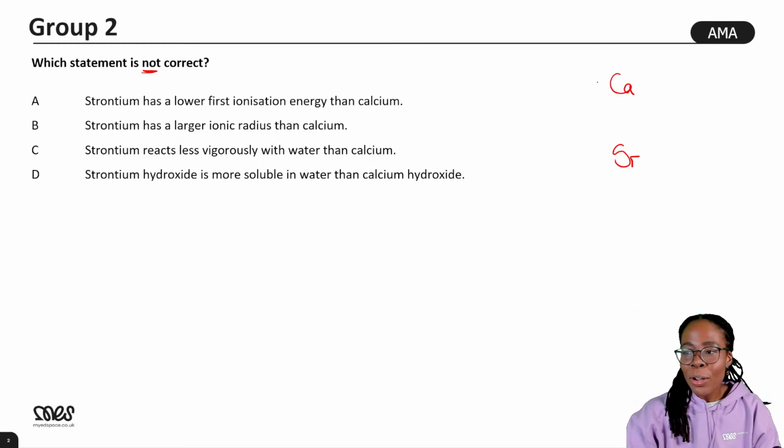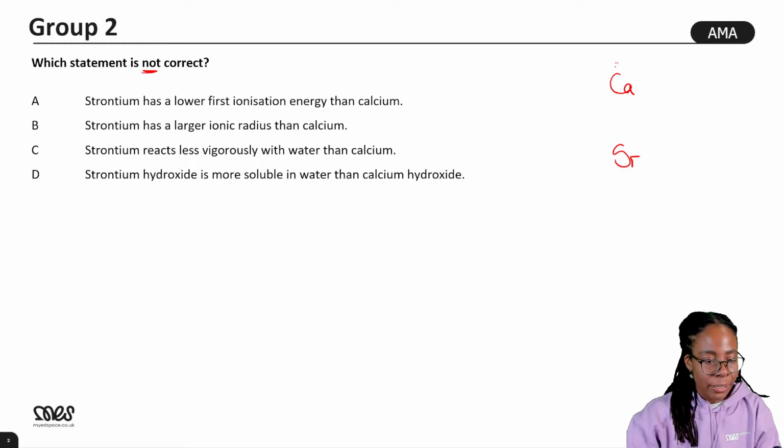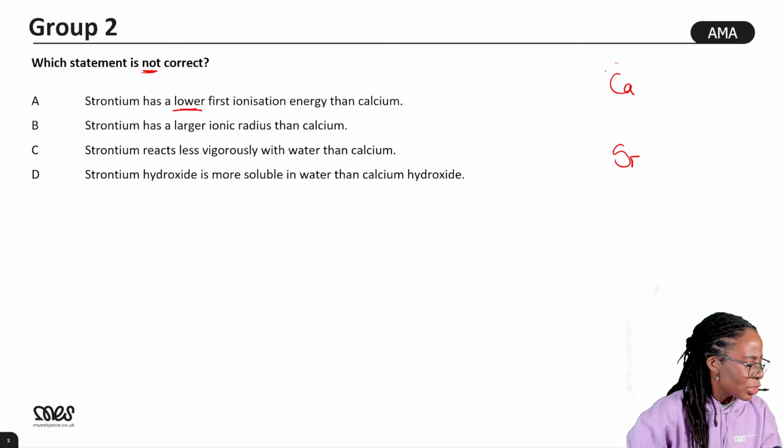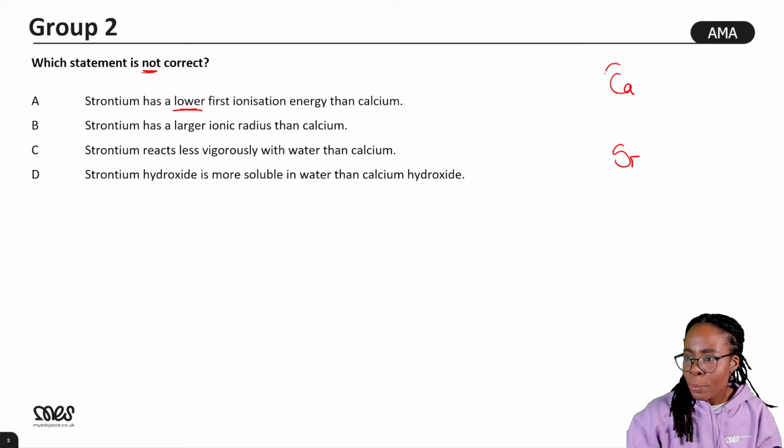So, if we look at our periodic table, calcium is above strontium in the periodic table. If we consider as we go down the group, we are going to have more shells, right? And therefore more shielding, which means it's going to take less energy for strontium to lose its outer electron than for calcium. So strontium does have a lower first ionization energy. Because if we think of calcium, how many shells does it have? Calcium has 4 shells.